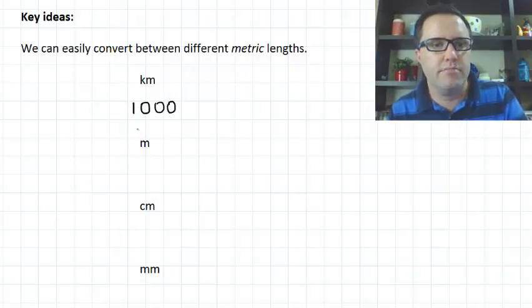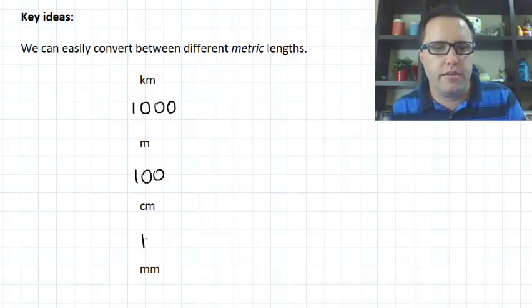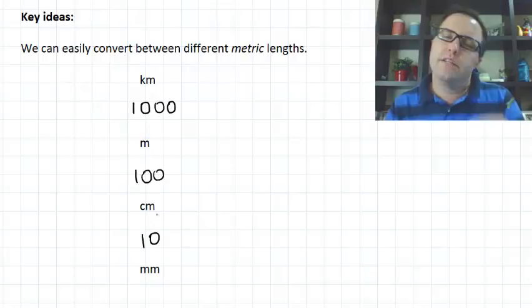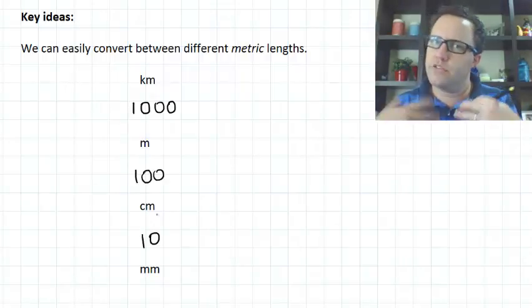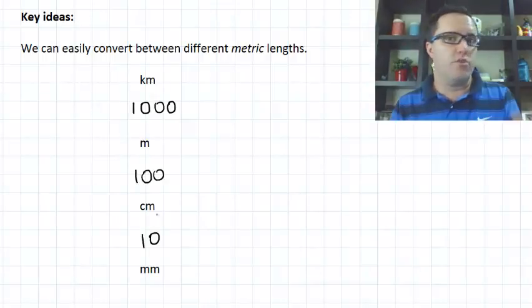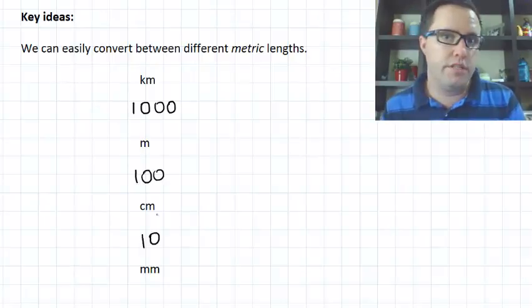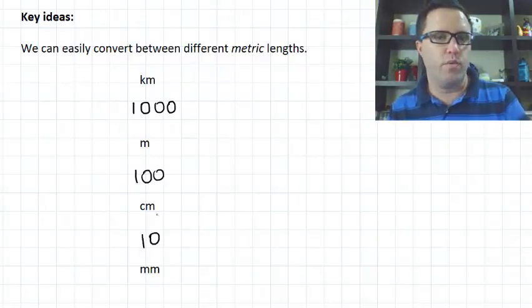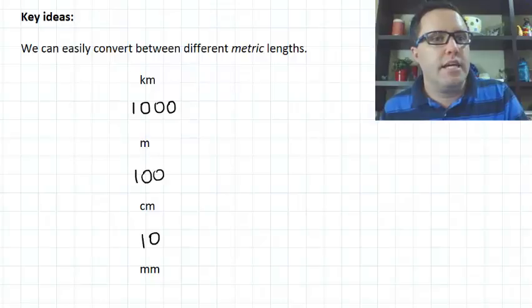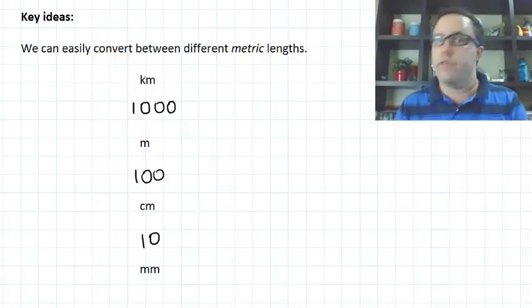So it's 1,000 meters in a kilometer, there are 100 centimeters in a meter, and there are 10 millimeters in a centimeter. This latter way of doing it is the way I want you to think about it, because it's something that you can quickly draw in an exam booklet just to remind you of how it works. And it's easily upscaled into area and volume as well.